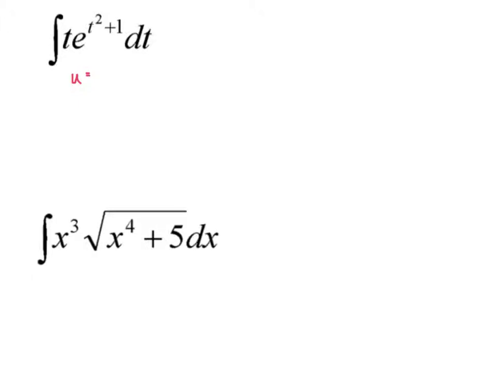With something with e, I think a pretty safe choice is the exponent, okay, t squared plus 1, in which case the derivative is 2t dt.